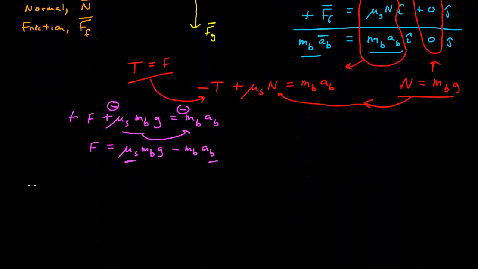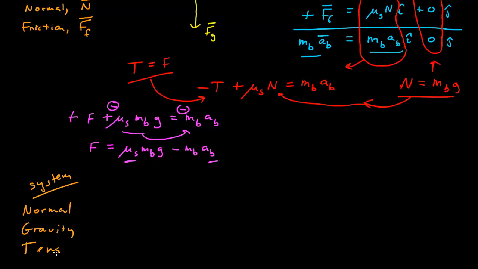So for the system, my 3 forces are the normal but no friction, gravity, and tension. If I do a free body diagram for that, I have normal, the force due to gravity, and then tension.